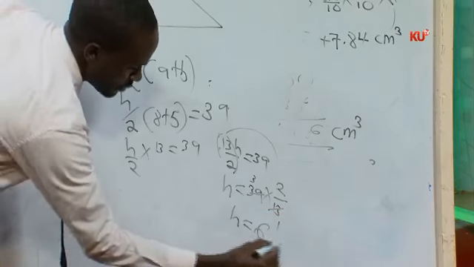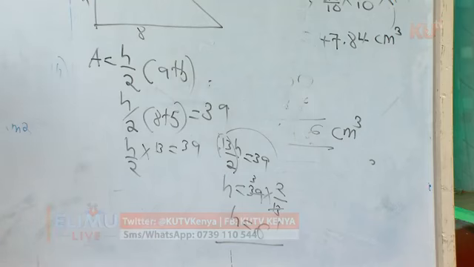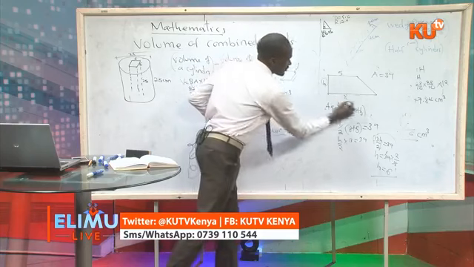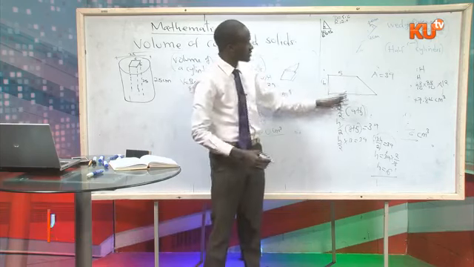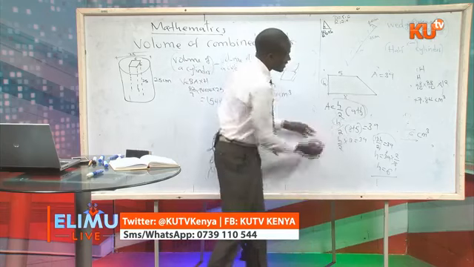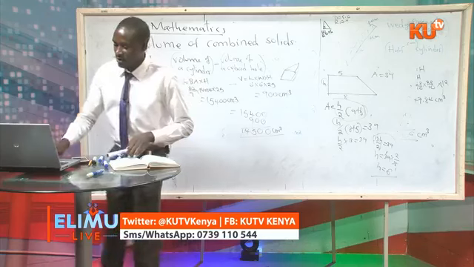Height is equal to 6. Now use the formula to get what is missing. So long as you have the formula, you replace the figures which are there with what is there, and now you are left with height. Now this is like an algebraic expression.